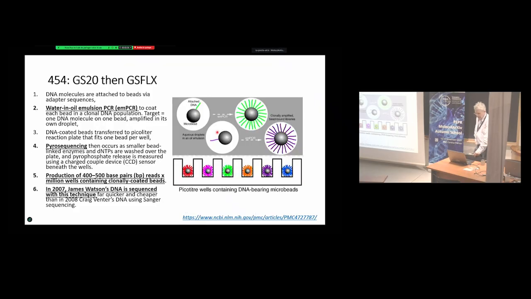There were some improvements that were introduced, and again, it's always of interest to see the evolution of the technology. When we were considering the Taq polymerase, it was to generate very small volume of reaction.